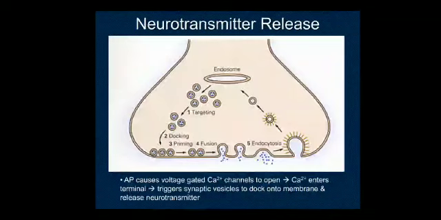Once that neurotransmitter binds, there will be some conformational changes brought about by the receptor. There are two types: one is by opening up of the channels, and the other one is by the activation of the second messenger system.